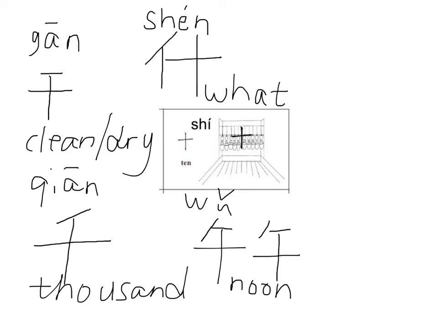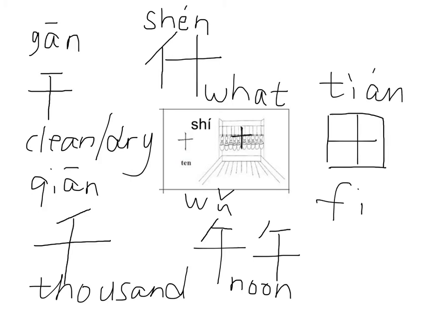So the last character, instead of putting something on the top or on the left, we put a box around it. So here is a 十. We put a big box around it. So, okay, this character is pronounced as 田. It means field.